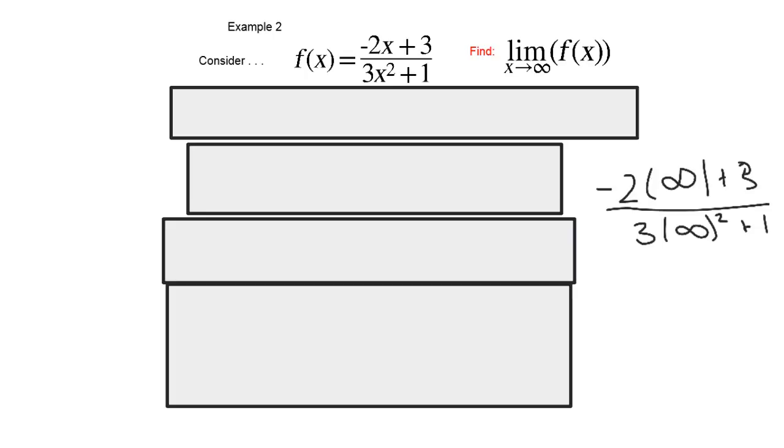Now, I know that I can't evaluate this function because infinity is not a number. Infinity is a concept, right? If you give me a number for infinity, I can always give you a number that's a little bit higher. So don't think of infinity as a variable. Think of infinity as a way in which math breaks. So we have to think about this function differently when we look at x equals infinity.